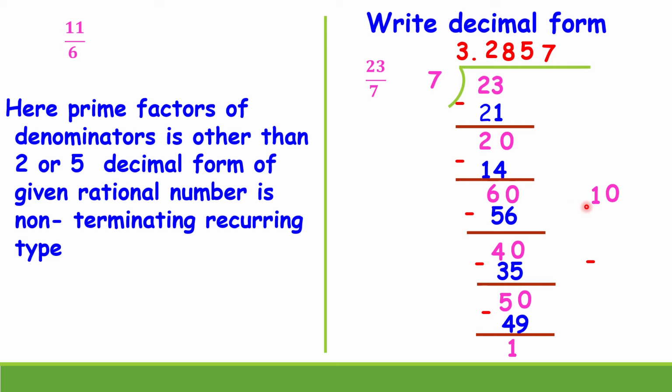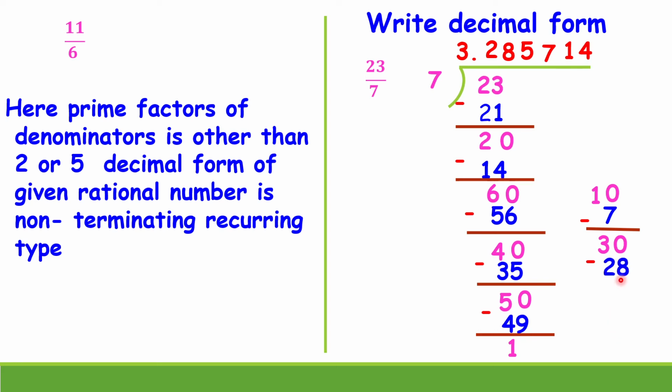Count the table of 7 up to the number which is less than or near to 10. 7 1s are 7. Therefore, the quotient is 1. And subtract 7 from 10. How much is remaining? 3 is remaining. Now we write 0 again. Then count the table of 7 up to the number which is near to 30. 7 4s are 28.